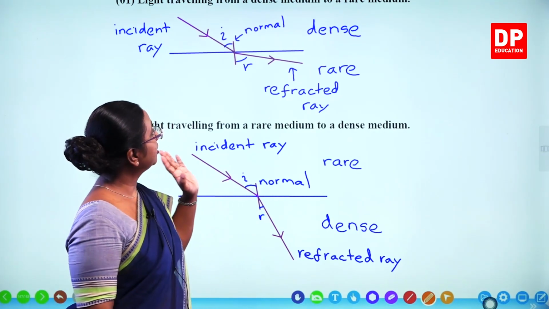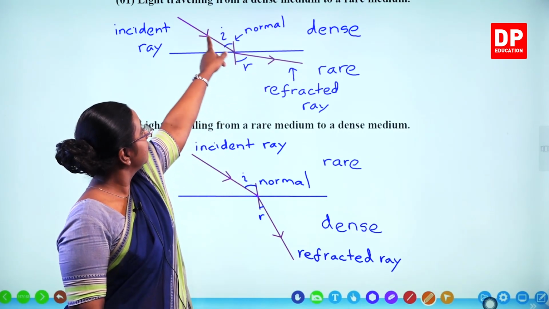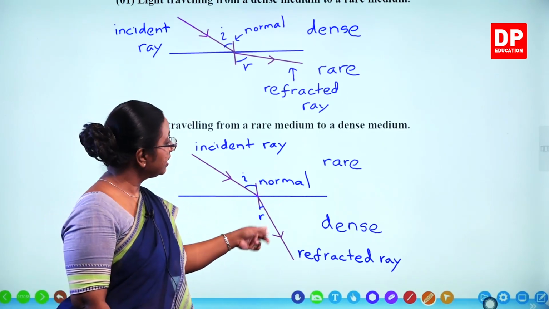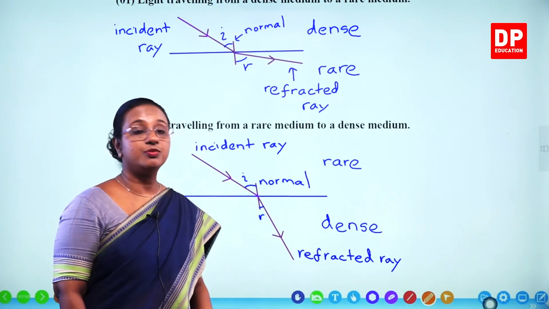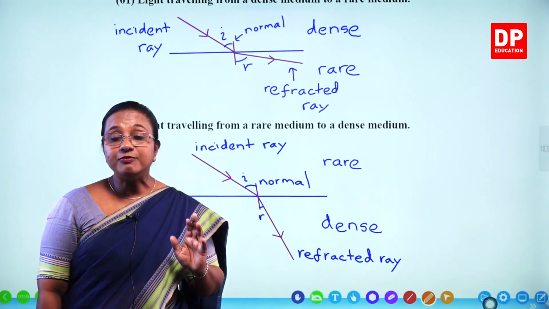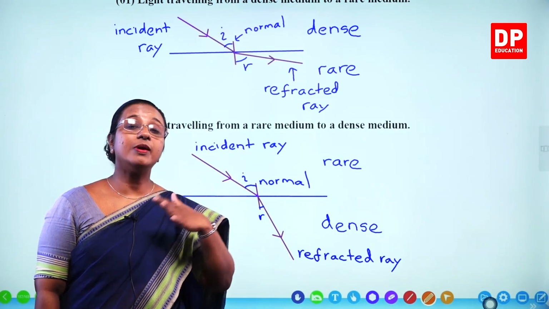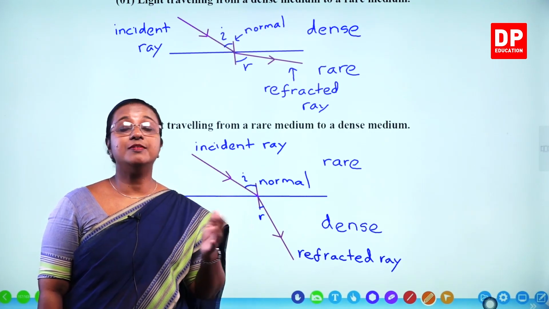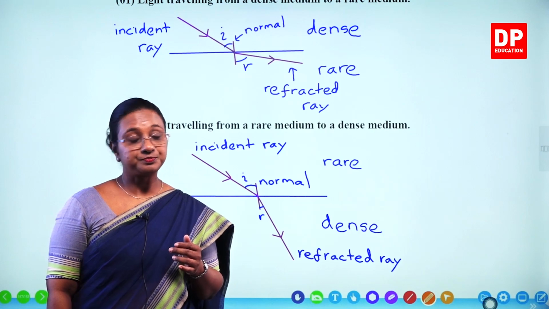It's just that you have to show that here from the dense medium it's coming to the rare medium. Here from the rare medium it's going into the denser medium. And you have to be careful as to how it bends. Whether it bends towards the normal or away from the normal.